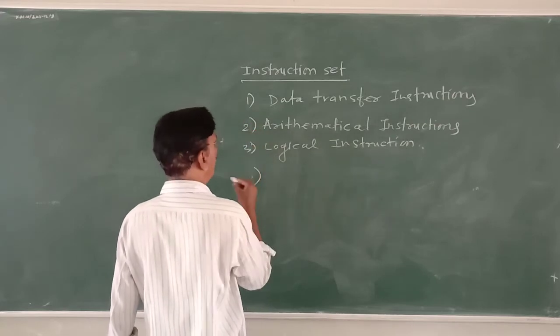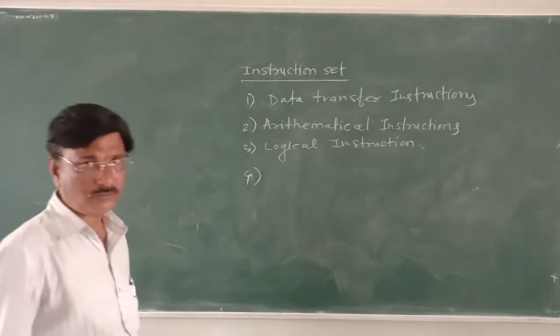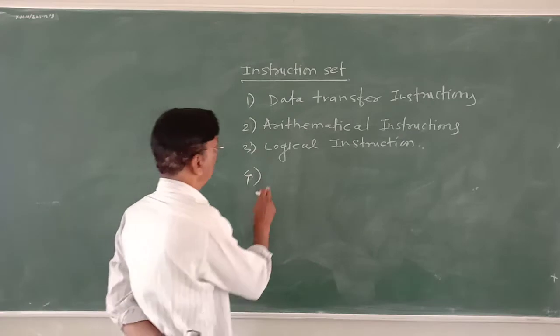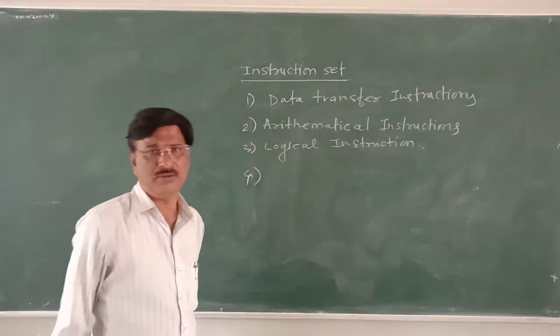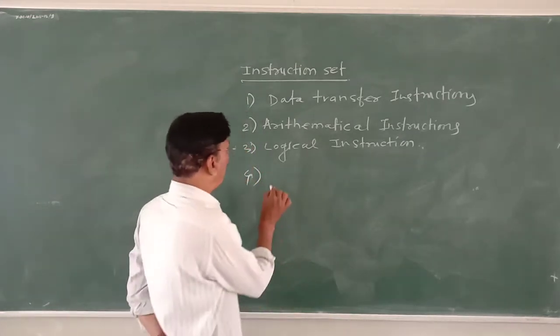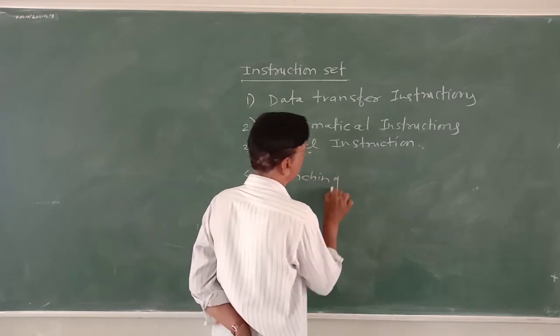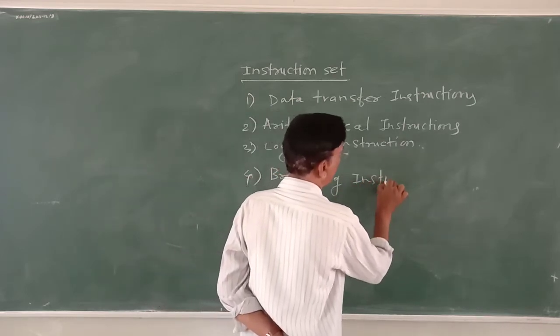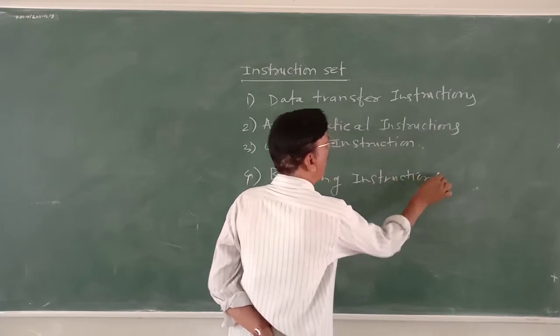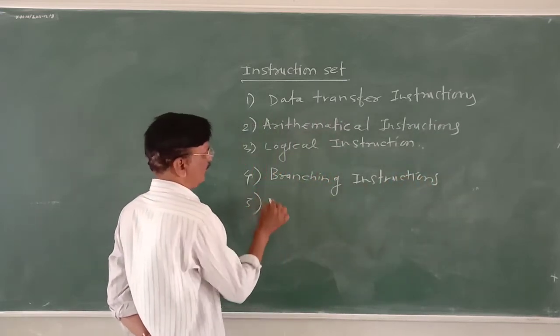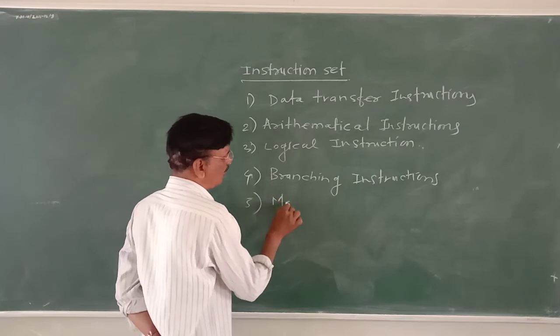Number 2, arithmetical, number 3, logical, number 4, after the logical, there are branching instructions. After that, last, machine control instructions.